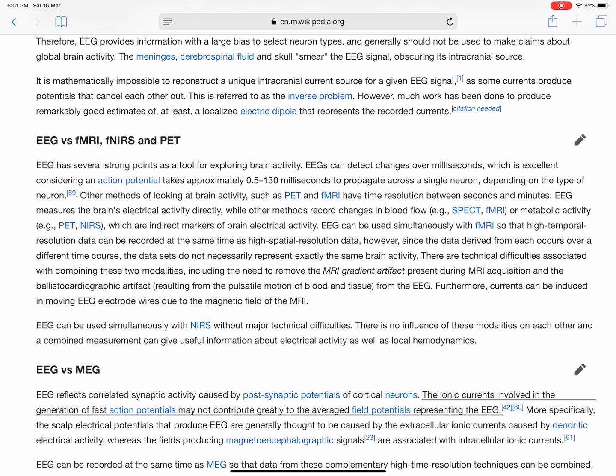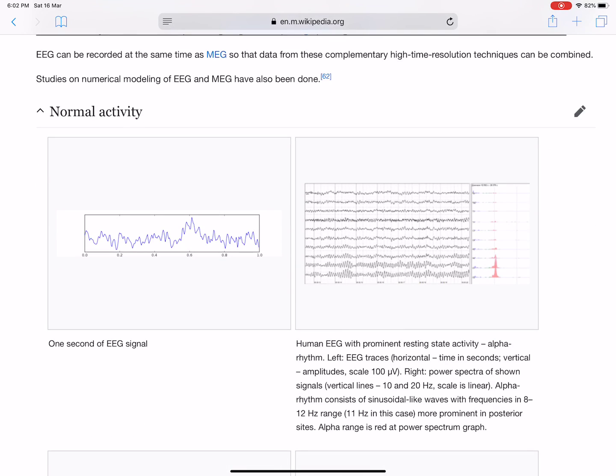More specifically, the scalp electrical potentials that produce EEG are generally thought to be caused by the extracellular ionic currents caused by dendritic electrical activity, whereas the field-producing magnetoencephalographic signals are associated with intracellular ionic currents. EEG can be recorded at the same time as MEG so that data from these complementary high-time resolution techniques can be combined. Studies on numerical modeling of EEG and MEG have also been done.